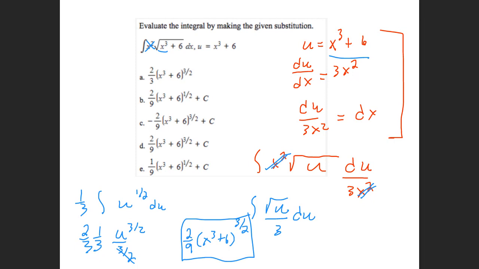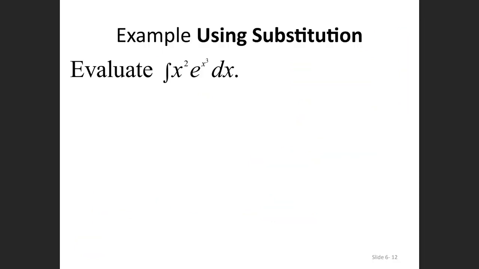All right, I'm going to let you try one. I want you to evaluate this: the integral of x squared times e to the x to the third. What do you think your u value is going to be?